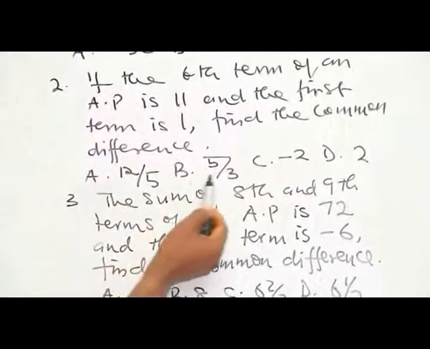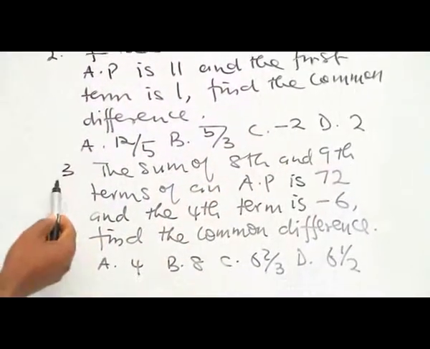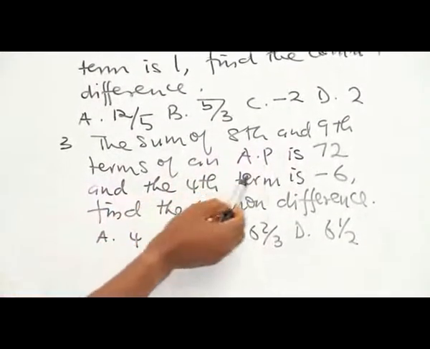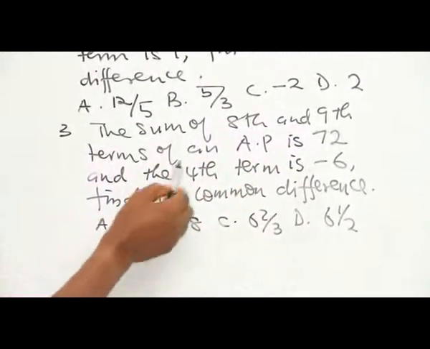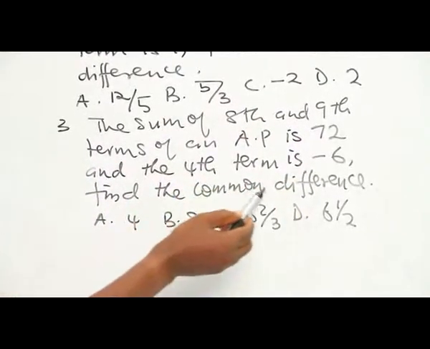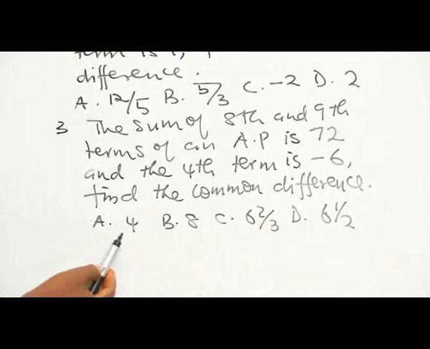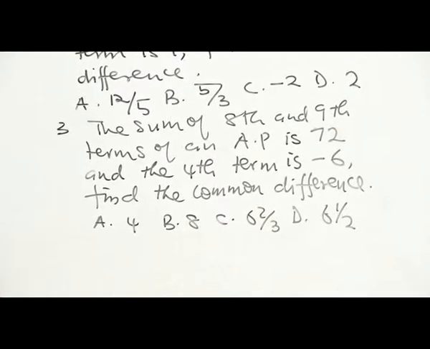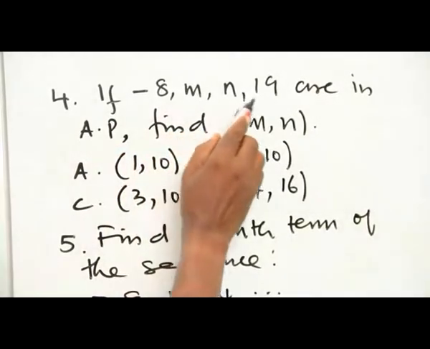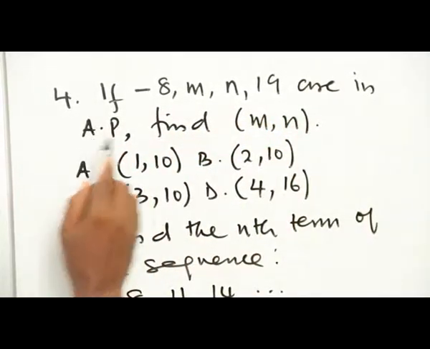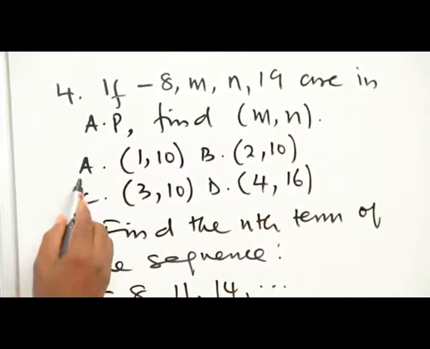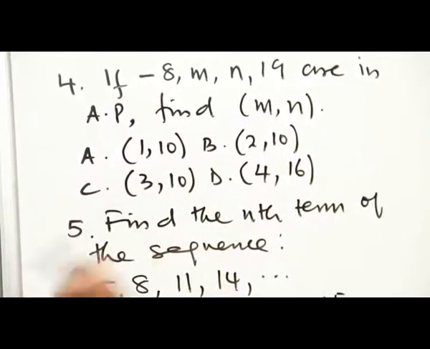You have the options A, B, C, and D. Number 3. The sum of the 8th and 9th terms of an AP is 72, and the fourth term is minus 6. Find the common difference. Options are also there for you. Question number 4. If minus 8, m, n, and 19 are in AP, find m, n. The options are A, B, C, and D.